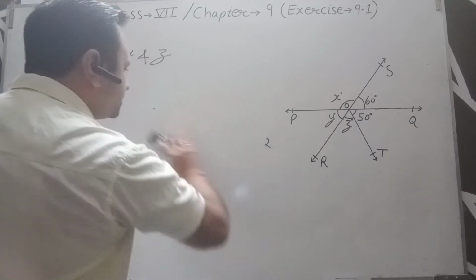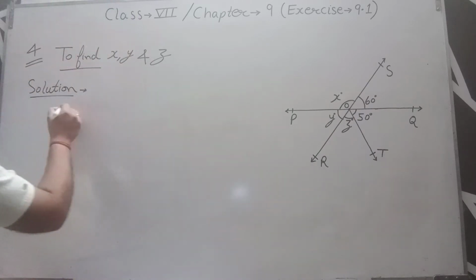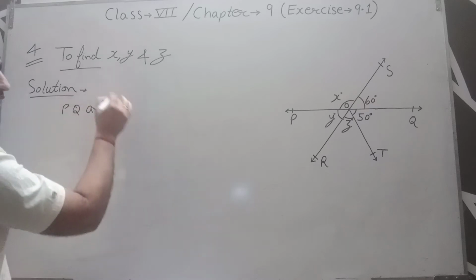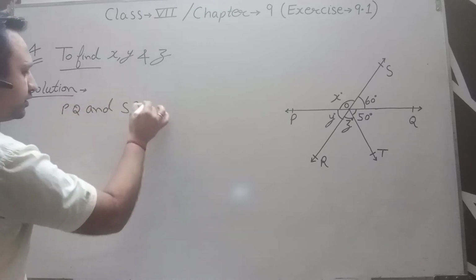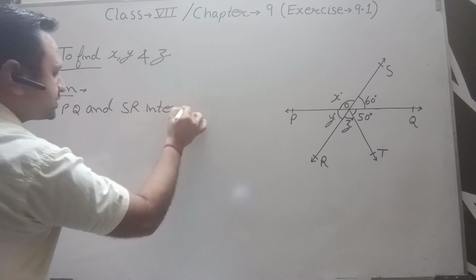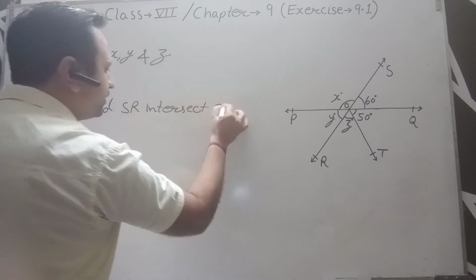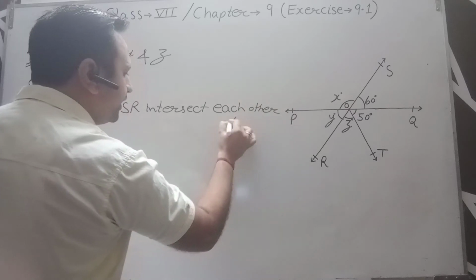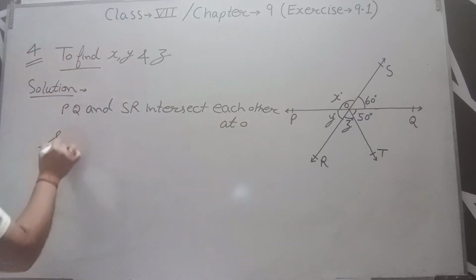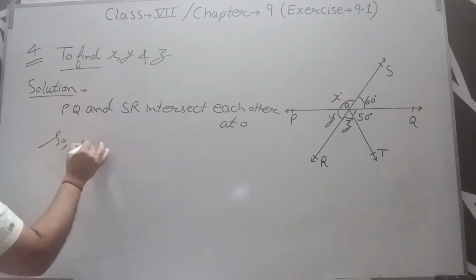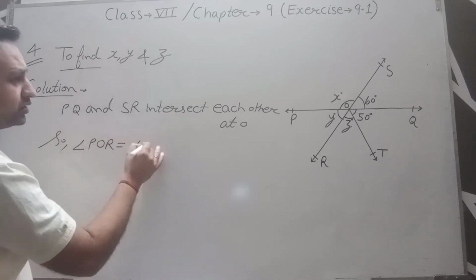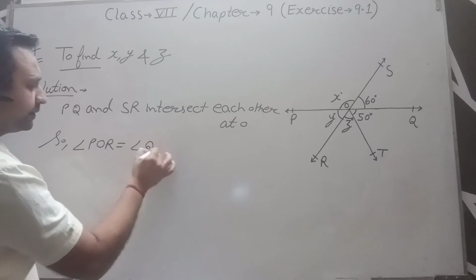So we can use: PQ and SR intersect each other at O. So angle POR is equal to angle QOS.